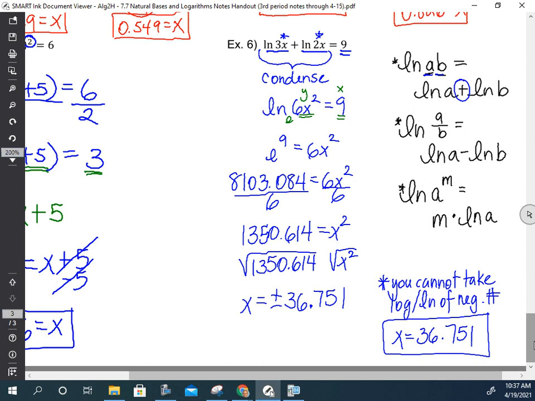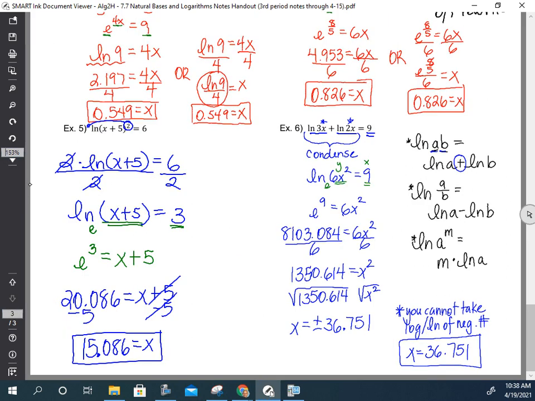So yes, you still have to do that little bit of checking your answers to make sure that those that are valid stay and those that are not valid go. If they're valid, they stay. If they're not valid, they go.